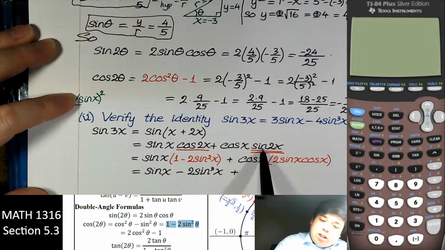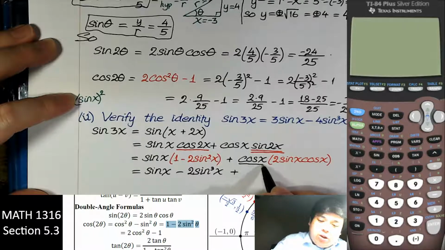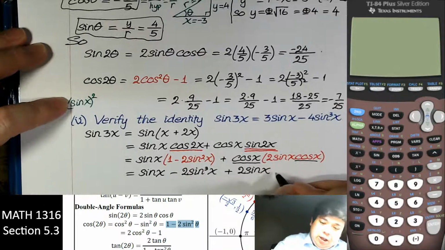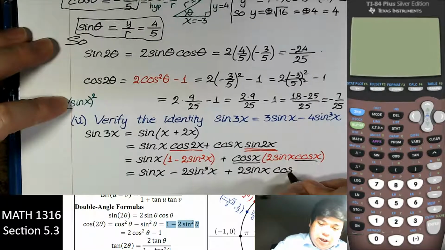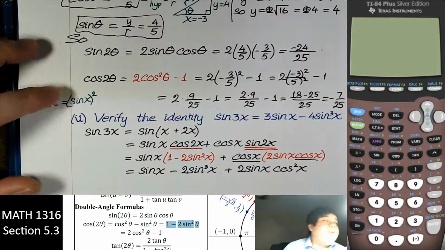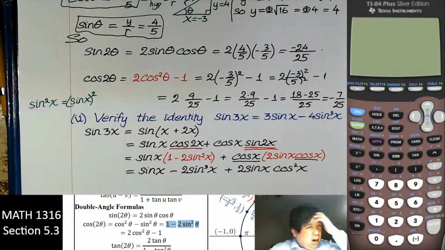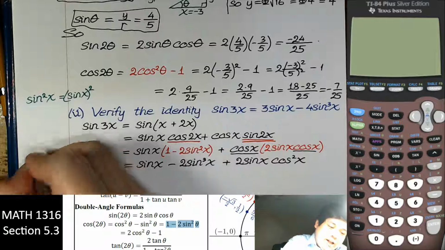Now sine of 2x is this. We have cosine and cosine. We make a cosine square. Right. And up to this point, usually when we have a sine square and cosine square, that is the Pythagorean identity.